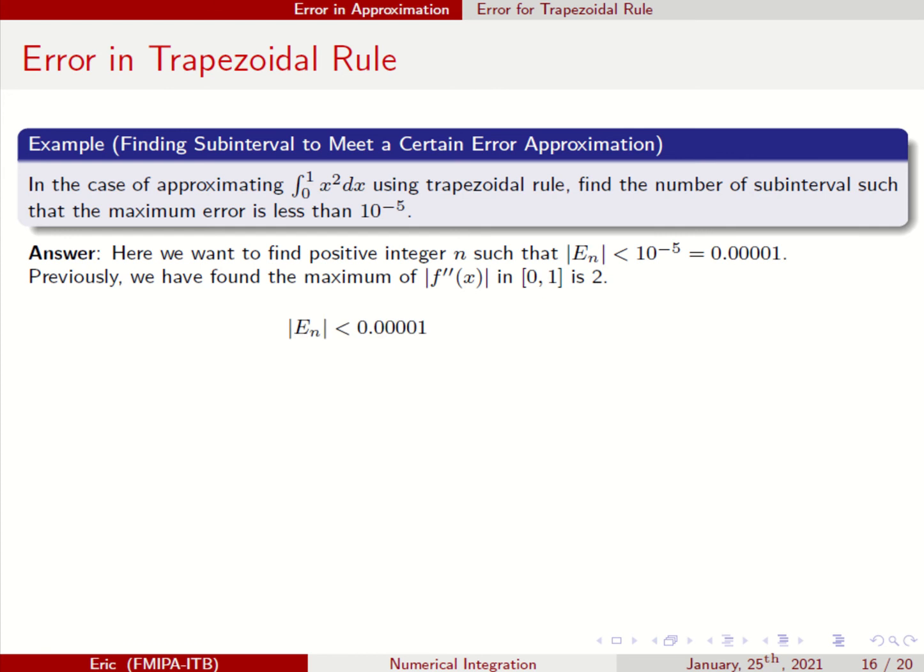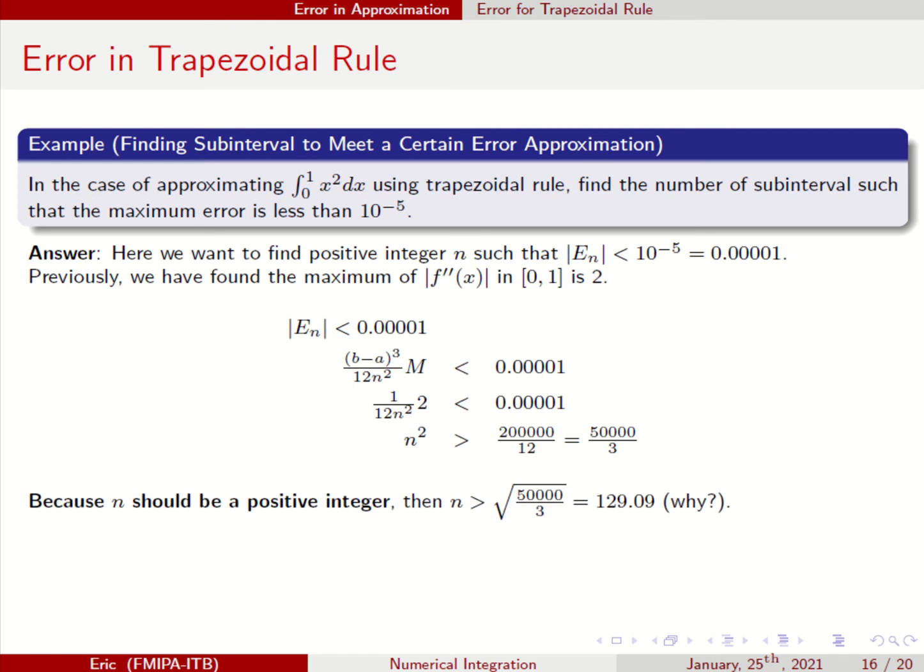Previously we found that the maximum of the absolute value of f double prime x on 0, 1 is 2. So the error bound is given by the formula. I can substitute b is 1, a is 0, so I have this expression less than 0.00001. I can multiply by n squared, so n squared should be greater than this value.